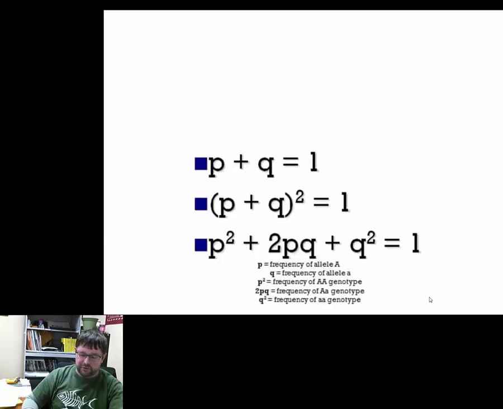All right, so that brings me to the final piece. It wasn't just about developing assumptions for an equilibrium. Hardy-Weinberg also developed mathematical equations to figure out whether or not a population is changing.